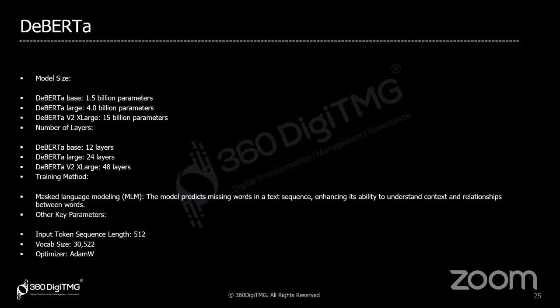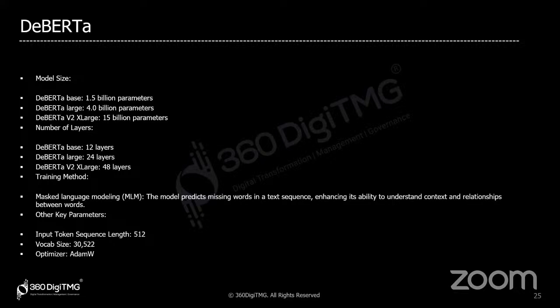The DeBERTa base model has been trained on 1.5 billion parameters and has 12 layers. Then the DeBERTa large model is trained on 4 billion parameters and has 24 layers.